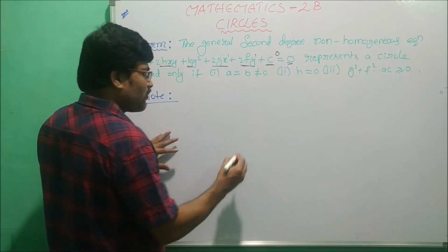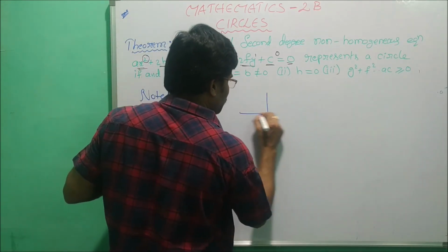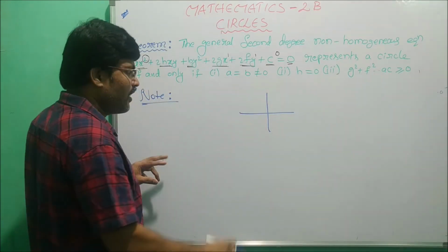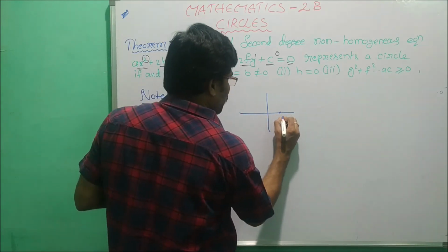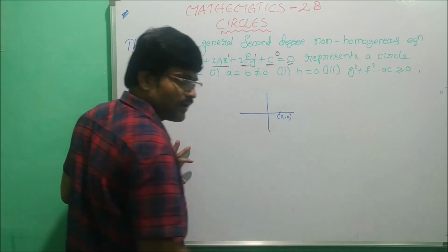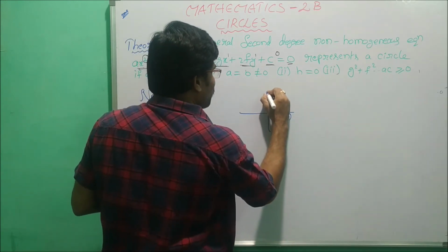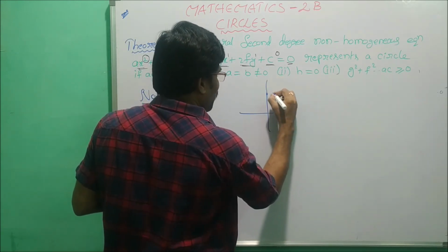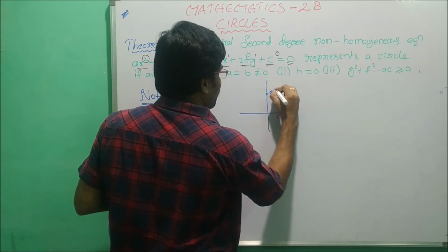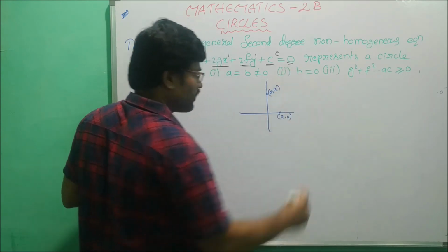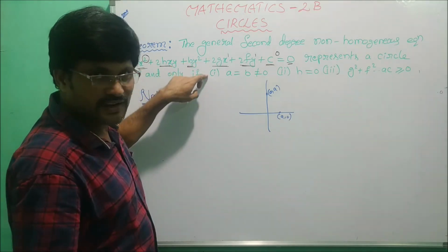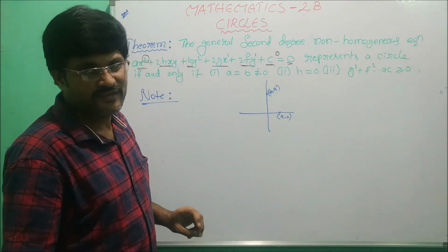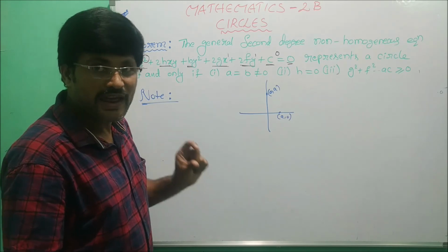Now we take one xy plane. On the x-axis the coordinate points are of the form (a, 0). On the y-axis the coordinates are of the form (0, a). Here we observe that the center of the circle lies on the x-axis.